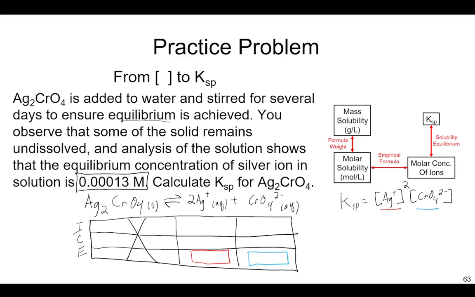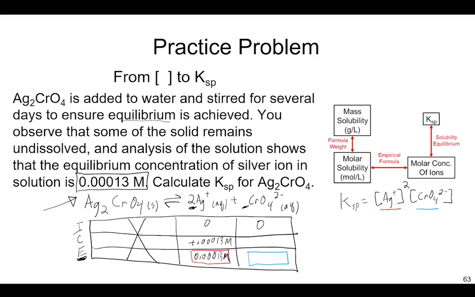Okay. Now, we started at 0, but we're told this extra piece of information, equilibrium silver. So equilibrium silver is 0.00013 molar, right? So this change had to be going up by that amount.